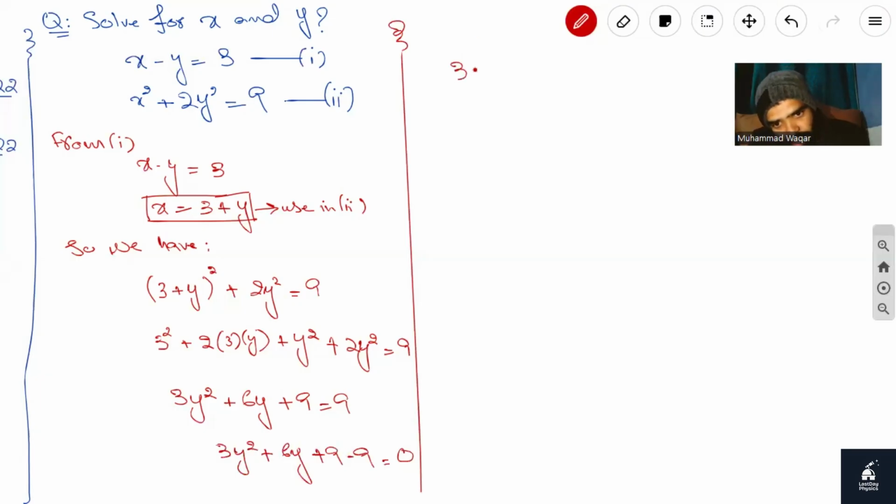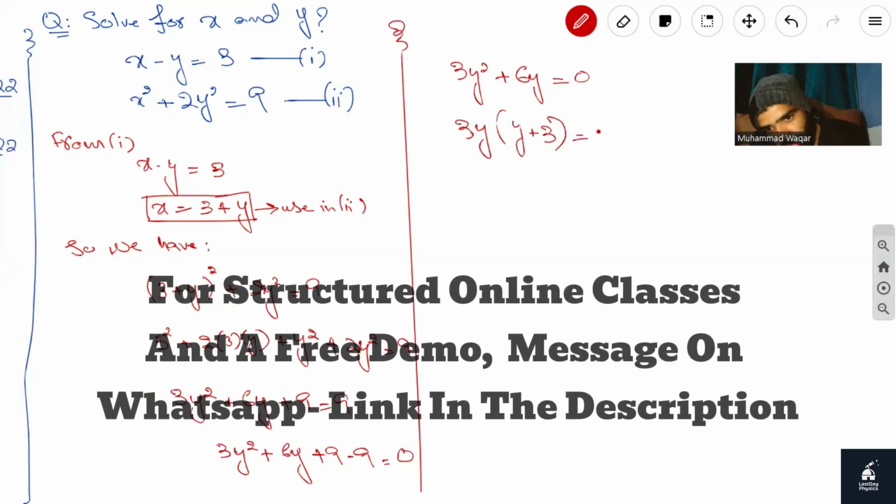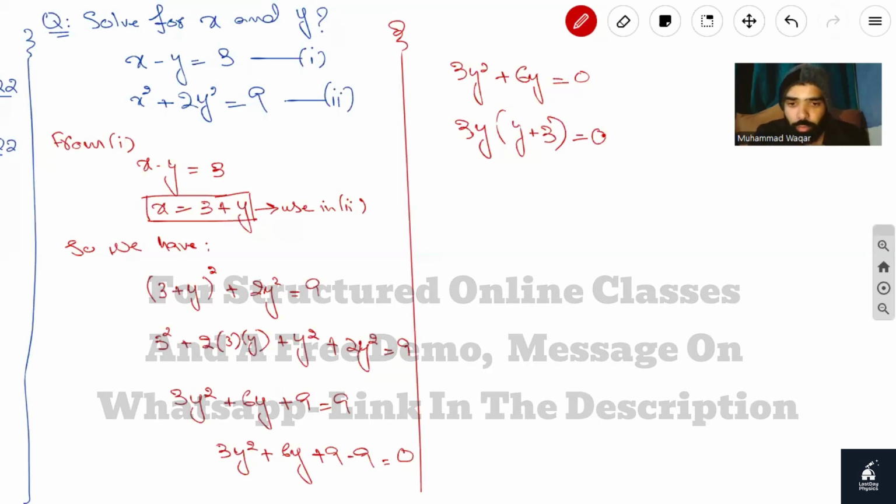Now we would have 3y squared plus 6y, because plus 9 and minus 9 cancel out, so we have 3y squared plus 6y equals 0. If we factorize this, we take 3y as common, and inside the bracket we would have y plus 3 equals 0. Clearly now you would have two solutions for y. It was a quadratic equation in y, so y would have two values.